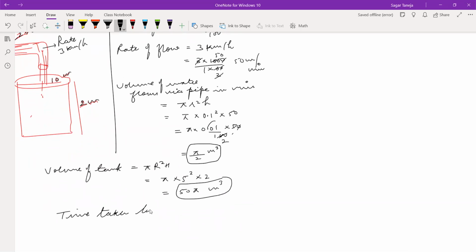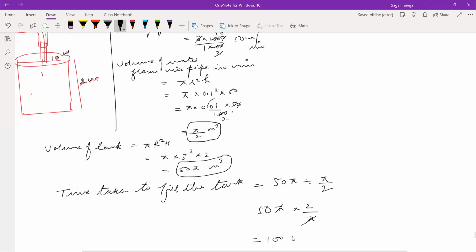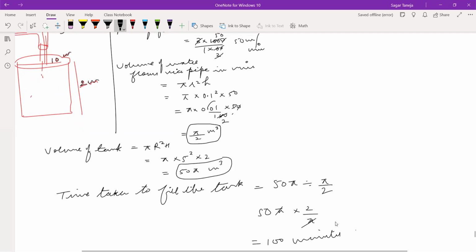Time taken to fill the tank is 50 pi, the volume of tank, divided by the volume of water that flows in 1 minute. 50 pi into 2 by pi, pi and pi cancel out, and the answer is 100 minutes. The same concept is used here, the way we have done in the previous question. If you are clear with the previous question, then you will be clear with this question also.